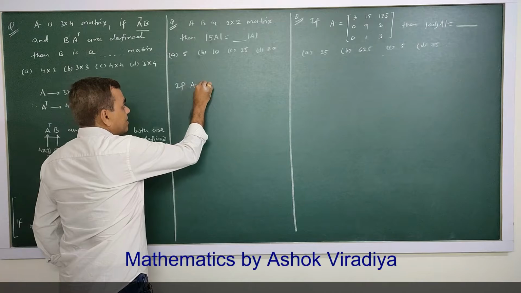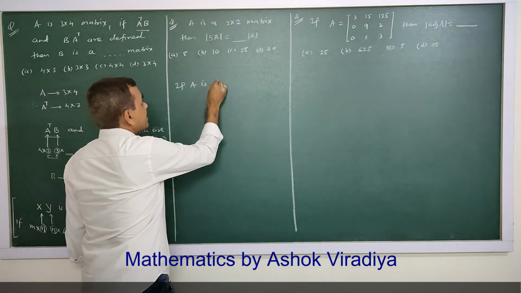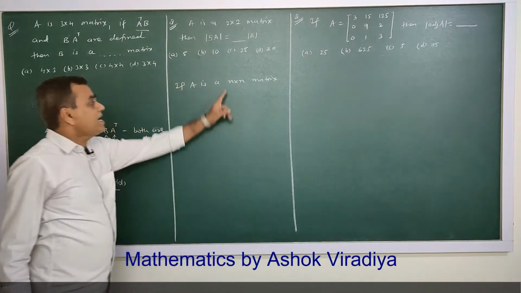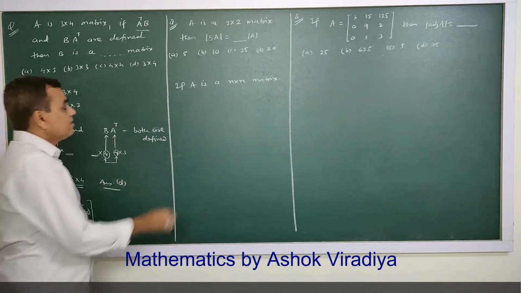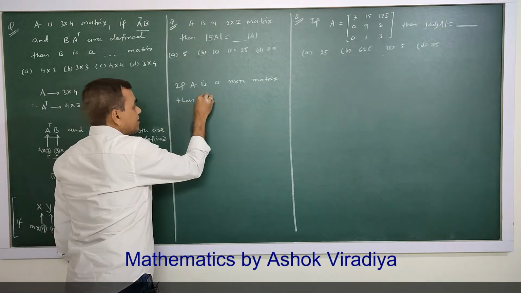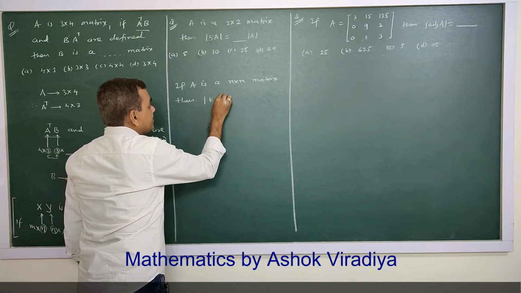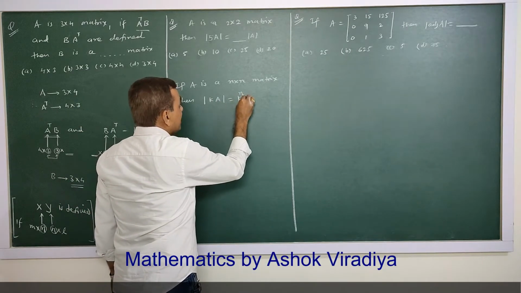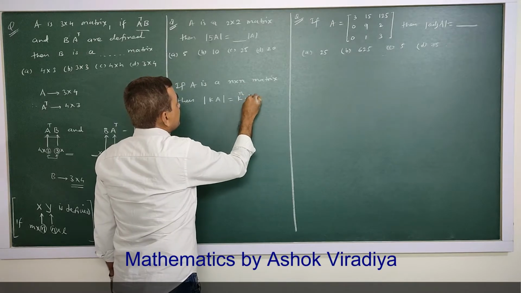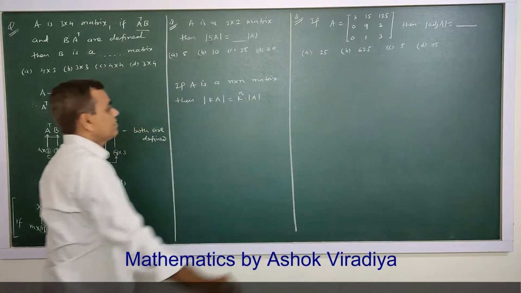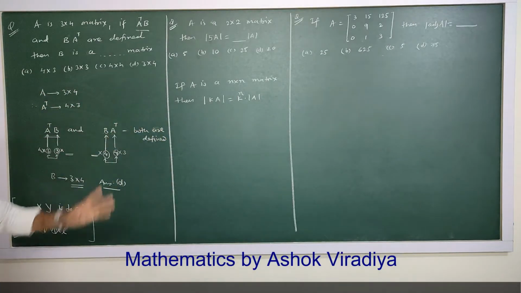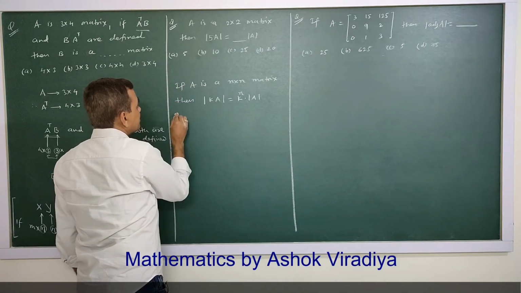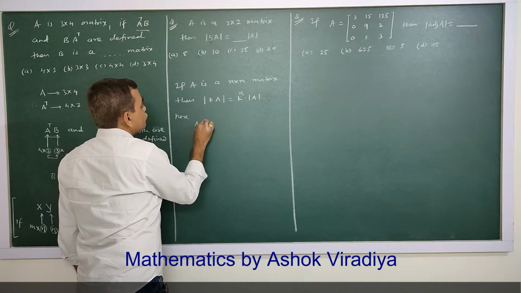If A is an n by n matrix, n is any natural number, then the determinant of k times A will be equal to k raised to n into determinant of A. So keep remembering this property. So here A is a 2 by 2 matrix.